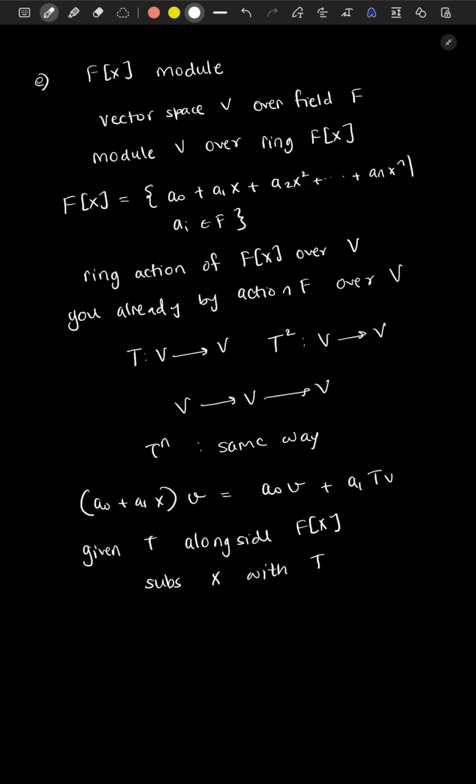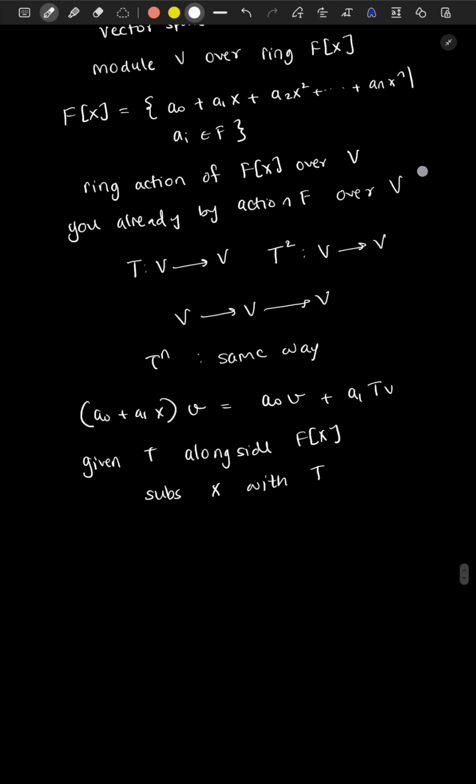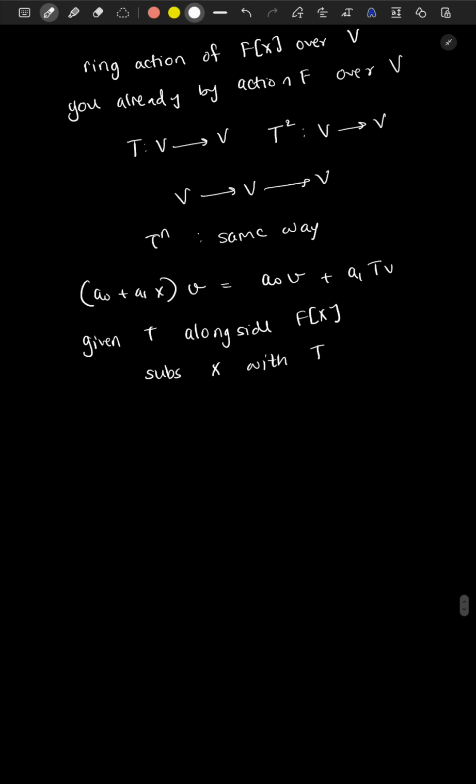For that we also need to know the linear operator T. For different linear operators, the action will look different. So this is the main thing. There could be many actions.